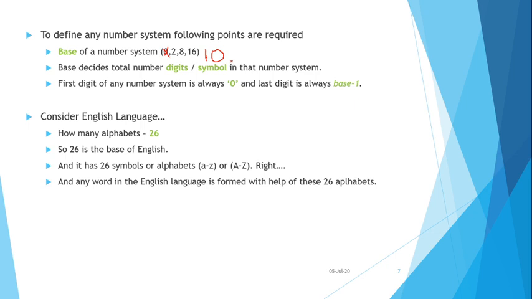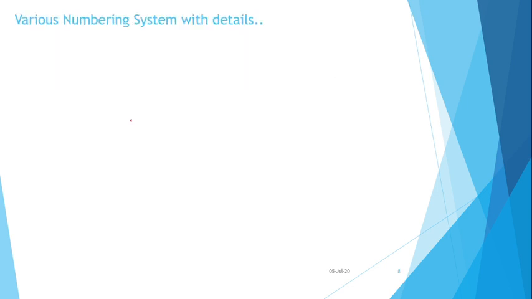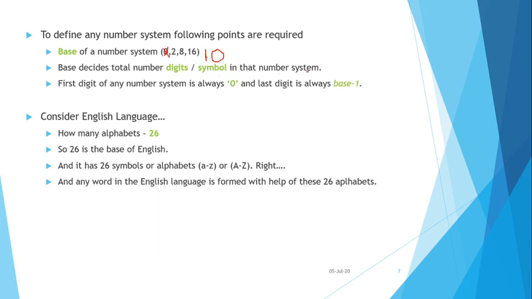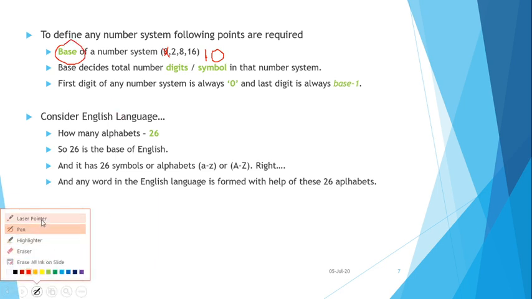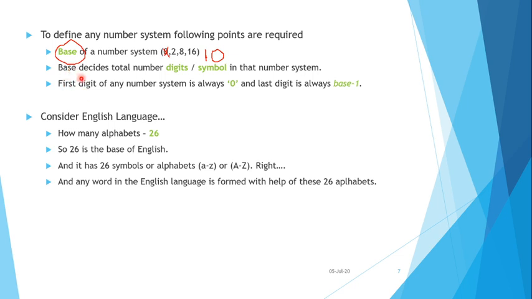Now, what is the importance of this base? The base decides the total number of digits or symbols in that number system. So base plays a very important role here, and every number system has its specific base.